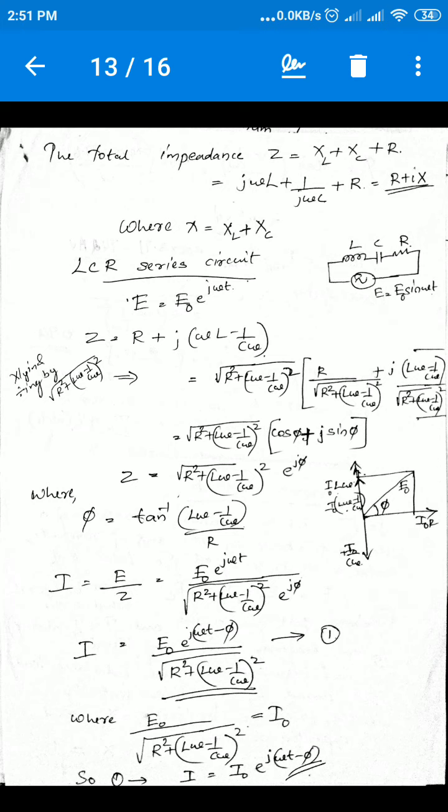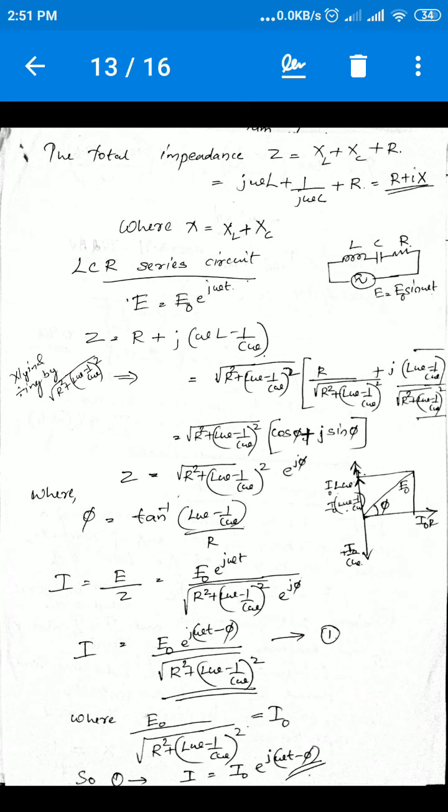So now let us draw the vector diagram here. The applied voltage is shown here, and the voltage across the resistance is towards the x-axis, the voltage across the inductor is towards the positive y-axis, and the voltage across the capacitor is towards the negative y-axis.